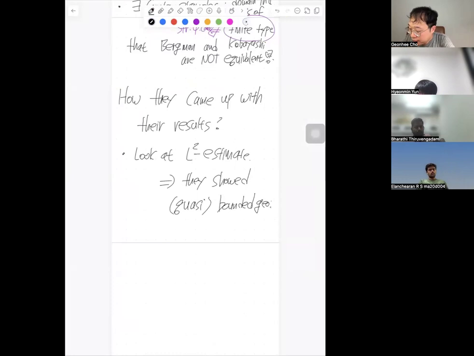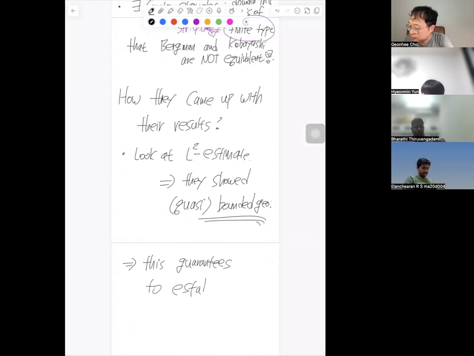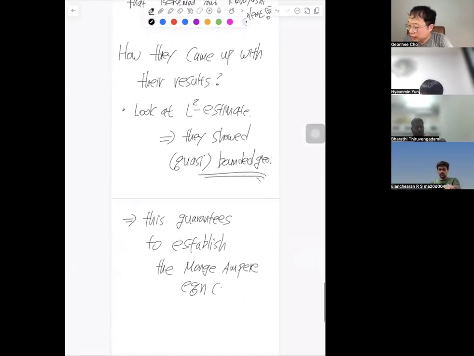If they guarantee this condition, quasi-bounded geometry, then this guarantees to establish the Monge-Ampère equation in the non-compact setting.